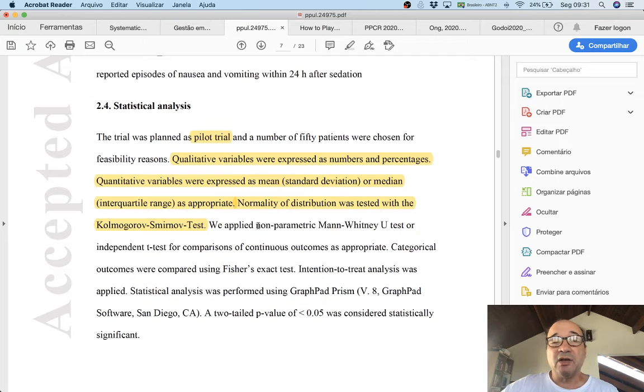And they applied a non-parametric Mann-Whitney test or independent t-test for comparisons of continuous outcomes as appropriate. That was a good choice. And categorical outcomes were compared using Fisher's exact test.